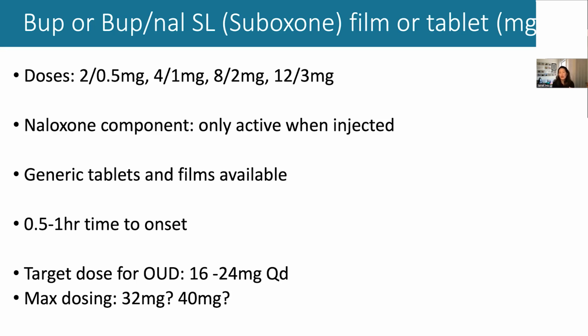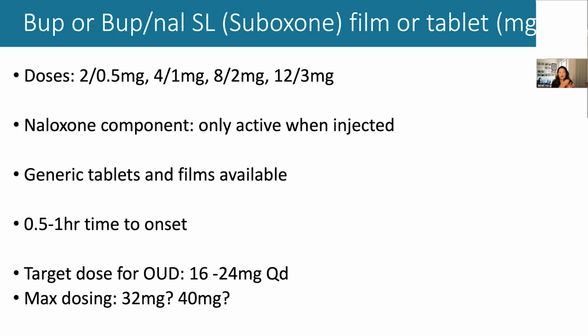And so there is no maximum to buprenorphine, just like there is no theoretical maximum to any other opioid. I have had folks on 32 milligrams a day. I have heard of someone who's gone up to 48 milligrams a day to stabilize, for opioid use disorder and pain, and then brought back down to like 24.